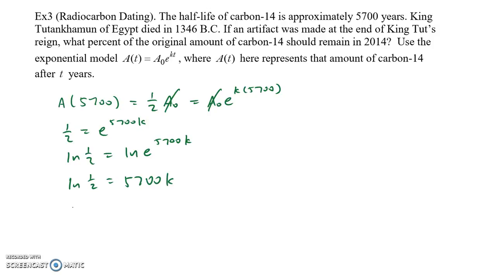Dividing both sides by 5,700, we have k equals the natural log of 1/2 divided by the half-life of 5,700. Sorry, I made a mistake earlier. That turns out to be approximately negative 0.00012. I'll continue this problem in the next video.